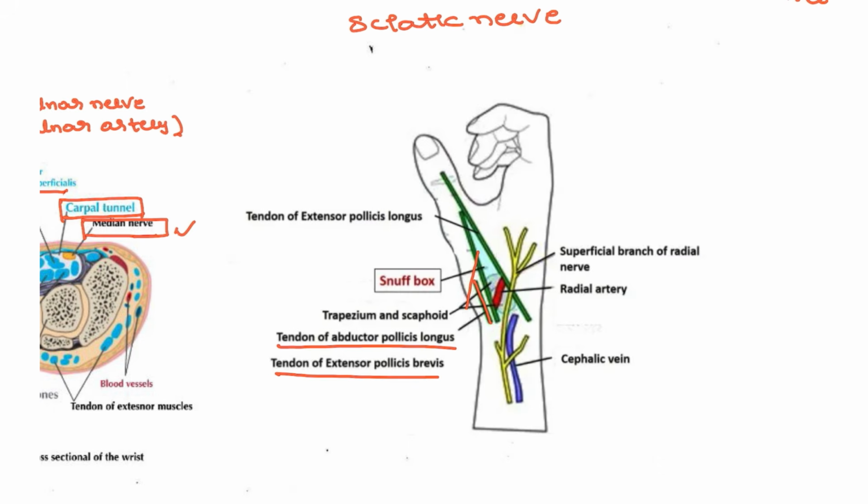These both form the lateral side. And here you can see the tendon of extensor pollicis longus, this will form the medial side. The floor is formed by the carpal bones, trapezium and the scaphoid.